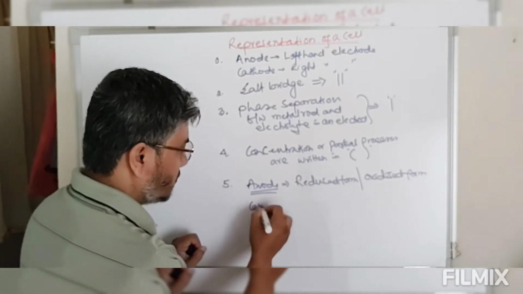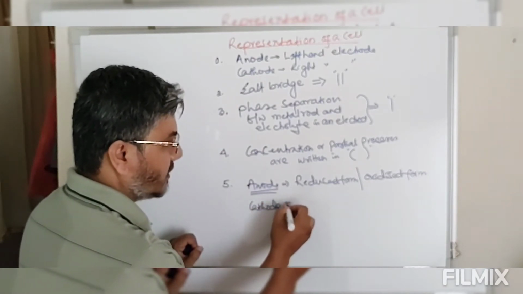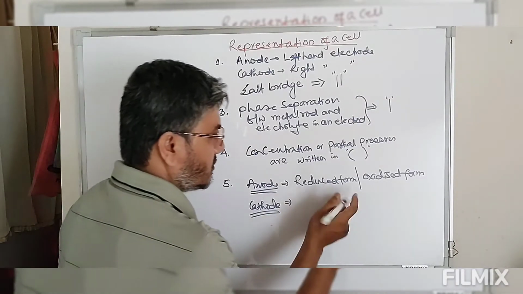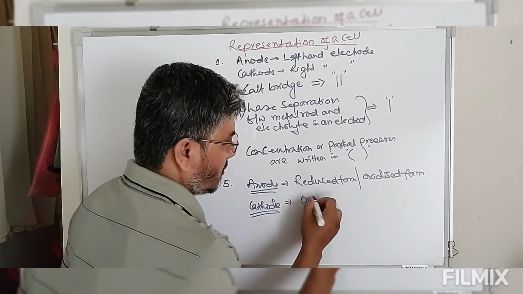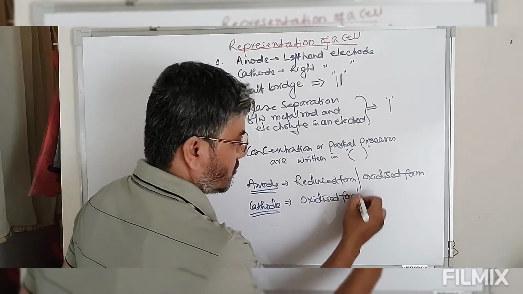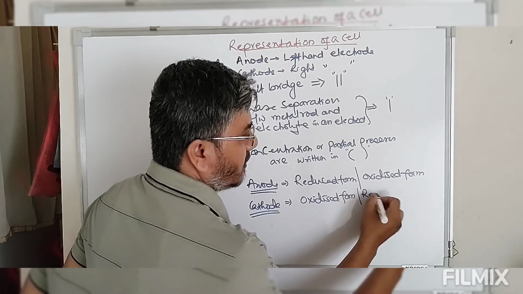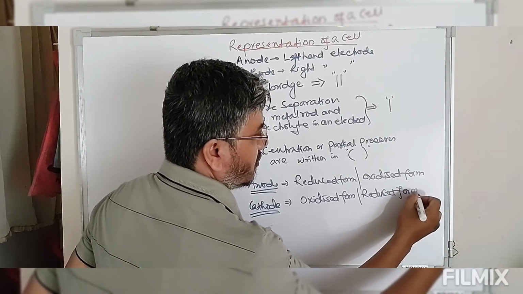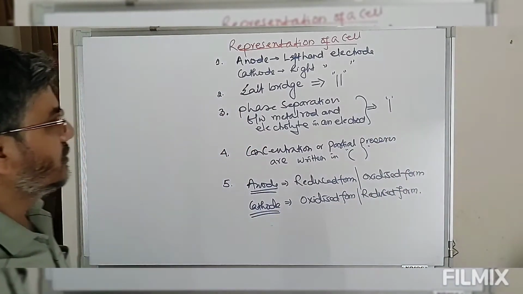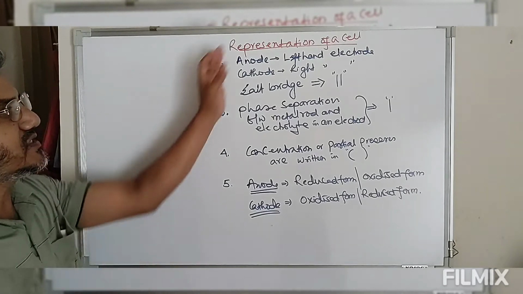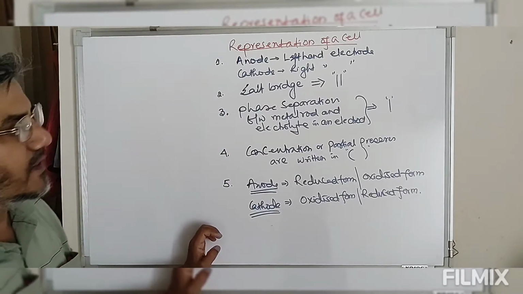Whereas cathode is where reduction takes place, so while writing the cathode, the oxidized form comes first, then the reduced form.